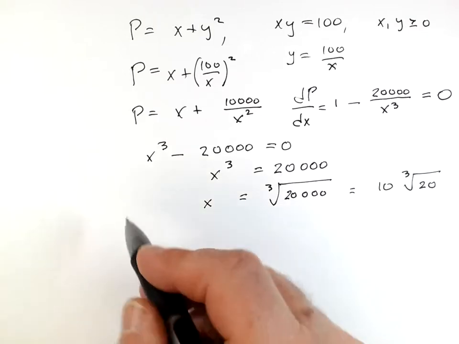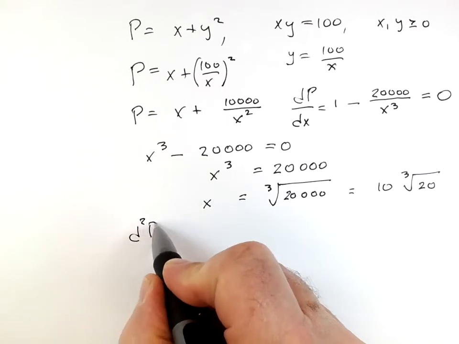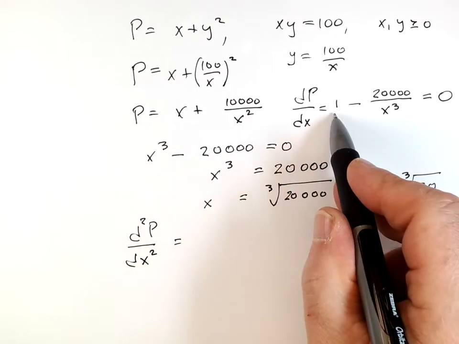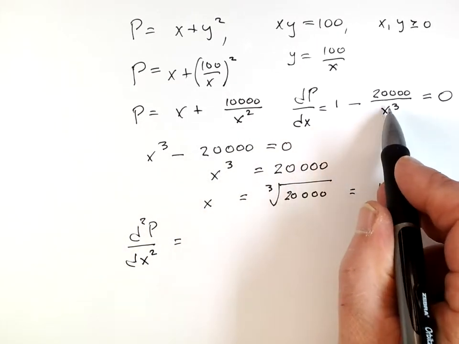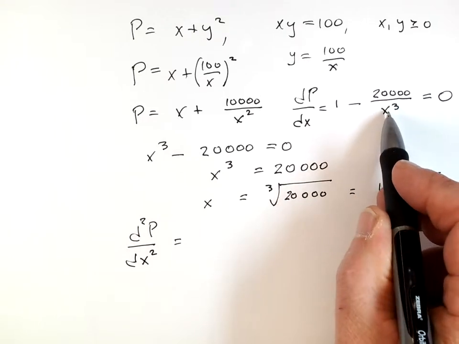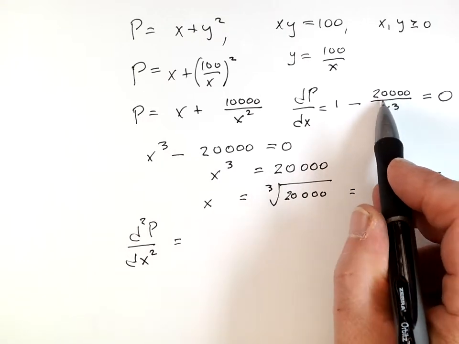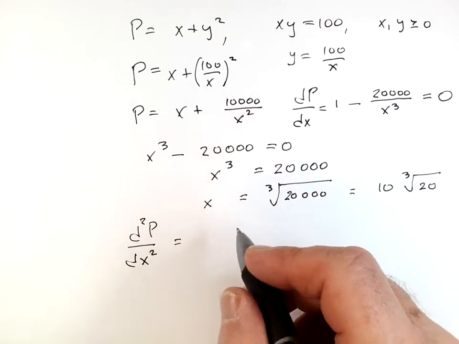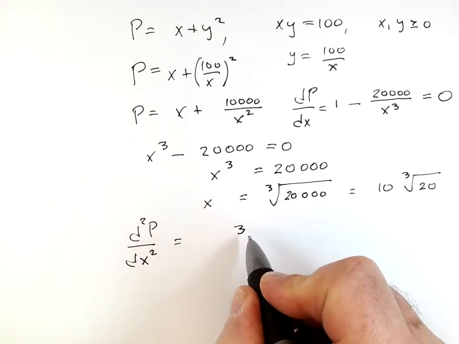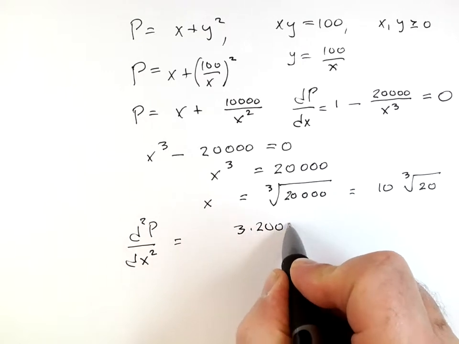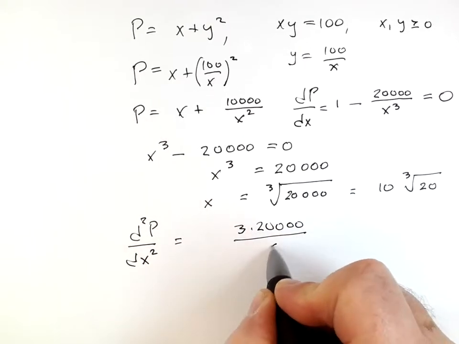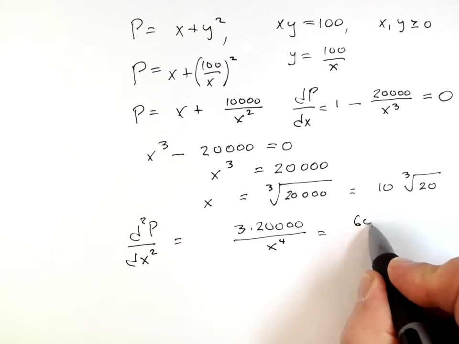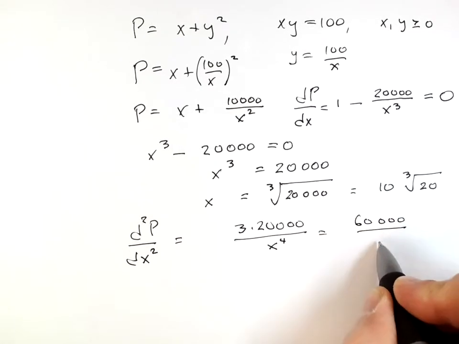Let's do it. Let's take the second derivative. Derivative of 1 is 0. The derivative of 20,000 over x cubed, you should think of this as 20,000 x to the negative third. The negative 3 comes out, makes it positive. 3 times the 20,000, x to the negative fourth, which is x to the fourth. That would be 60,000 over x to the fourth.